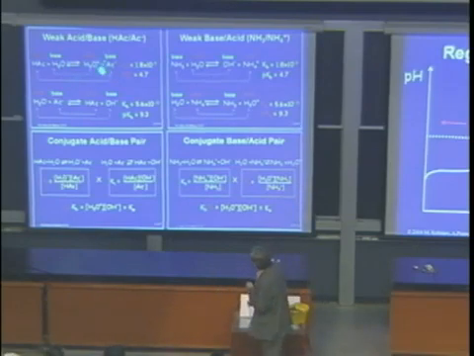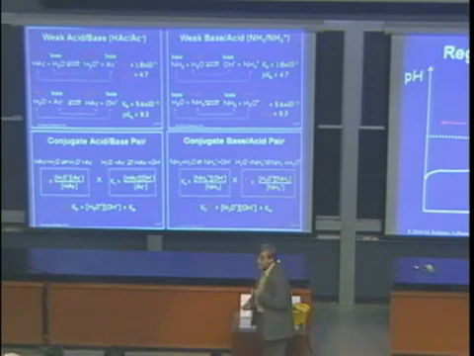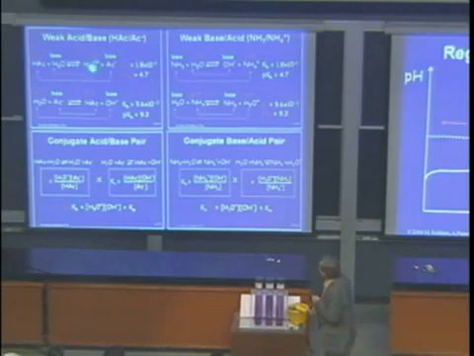So OH minus sees this H3O plus, ion by ion, and makes water. What happens if I take this out and neutralize this to water?